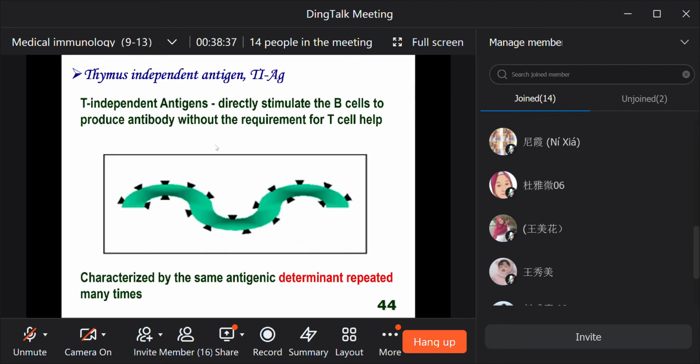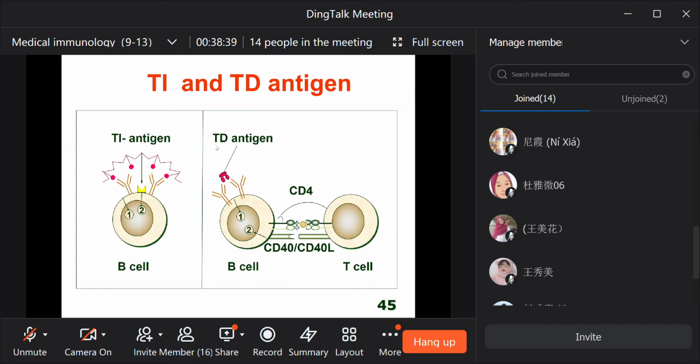Here we show the diagram of the two kinds of antigen, the Ti antigen and the Td antigen. The Ti antigen is recognized by the B cell directly and produces the antibody.